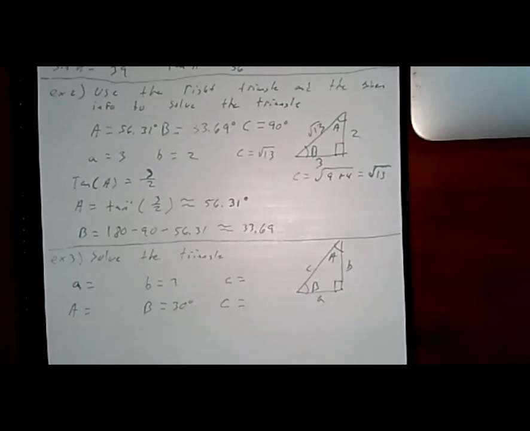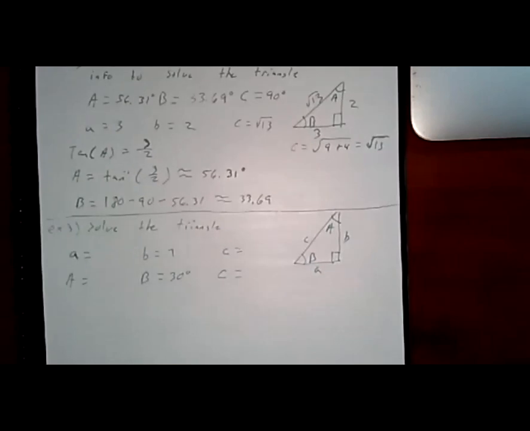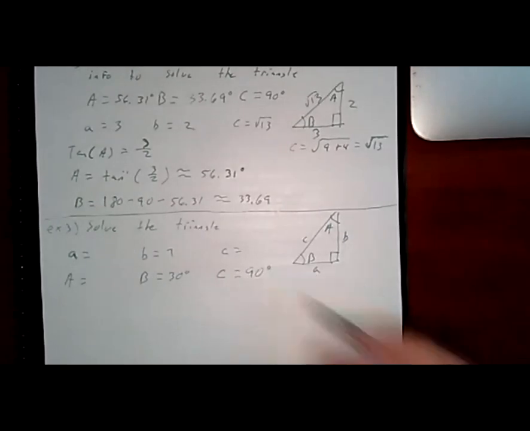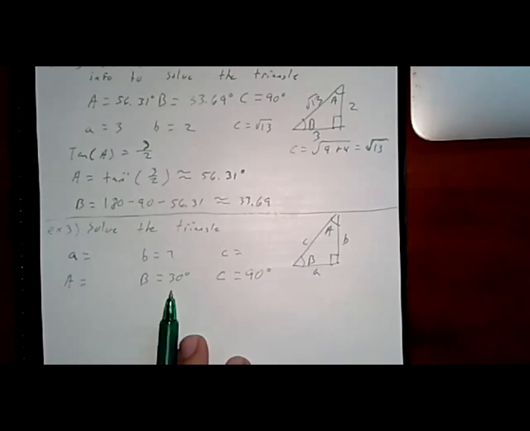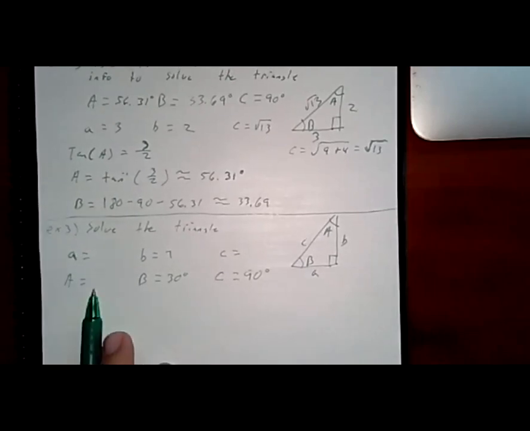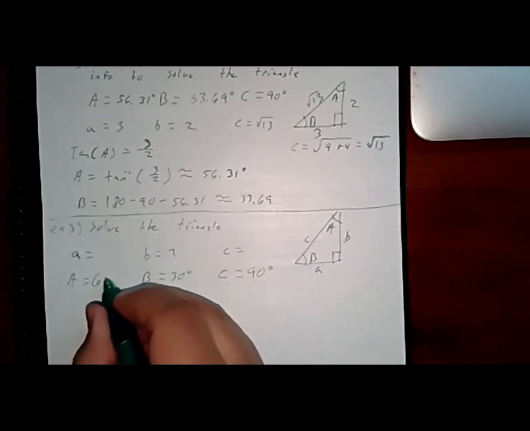So what is capital C? Angle A. 90 degrees. Yeah, it doesn't have to be 90, right? So this is 90 plus 30, that's 120. So how much more to 180, right? 60. Yeah, it has to be 60.